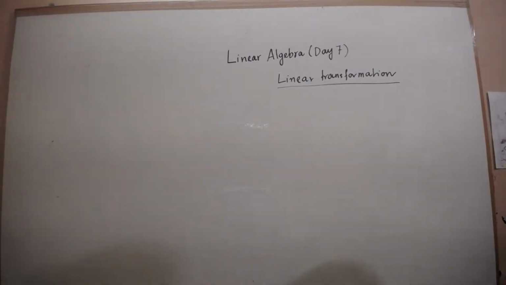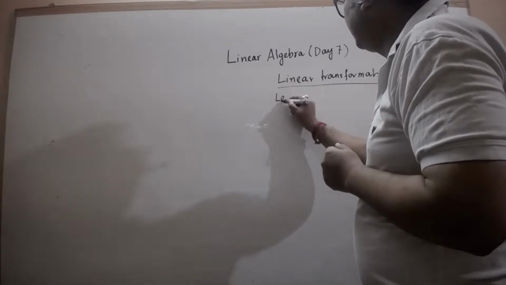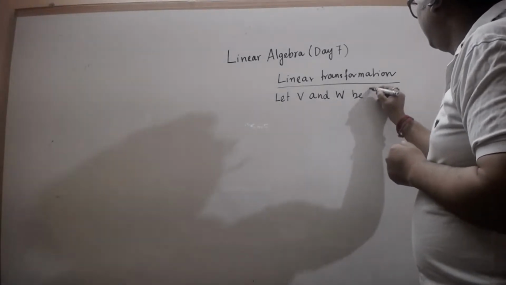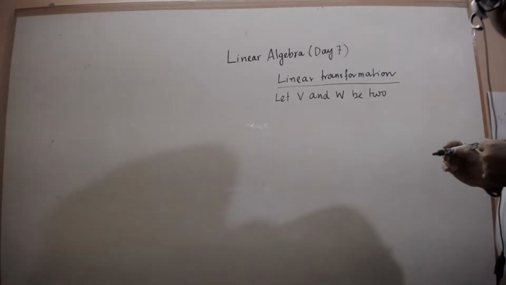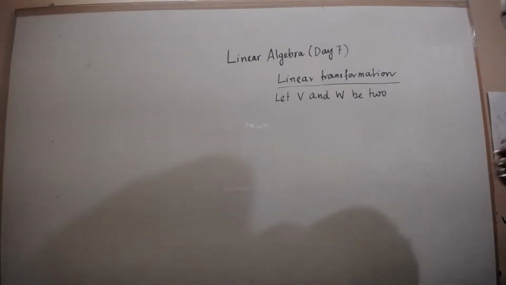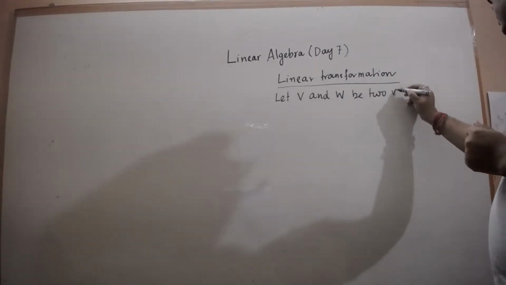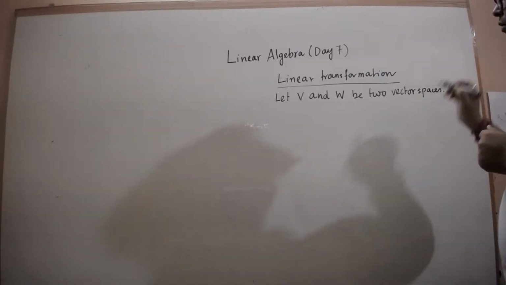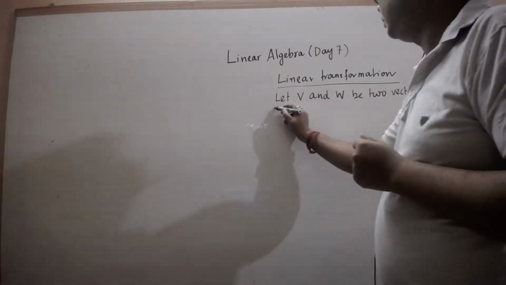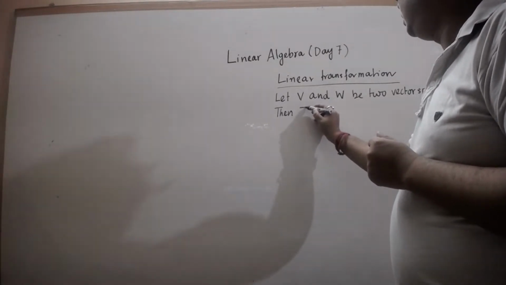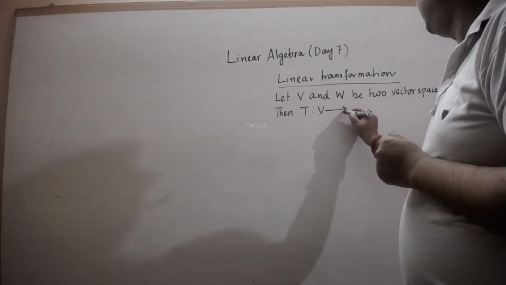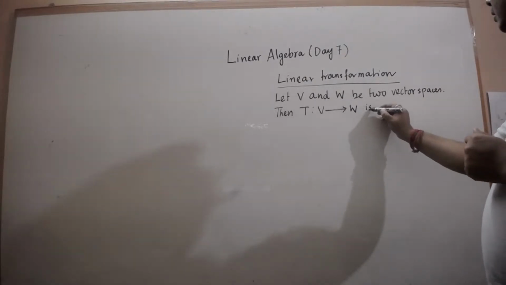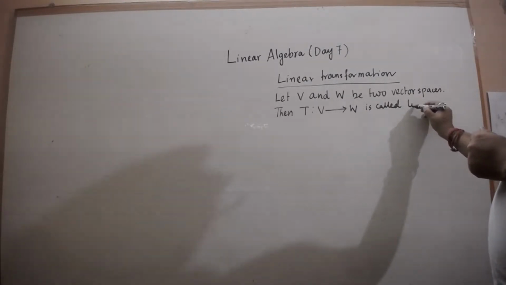Suppose let V and W be two vector spaces, then T: V to W is called a linear transformation.